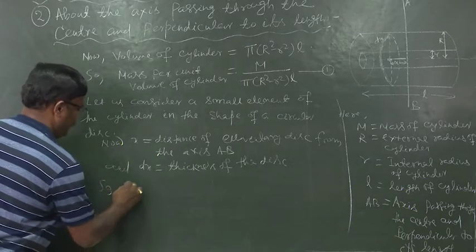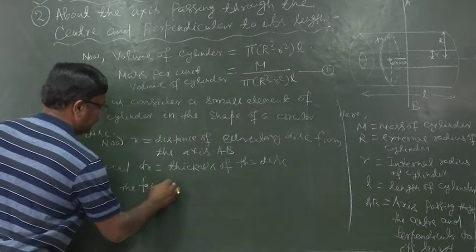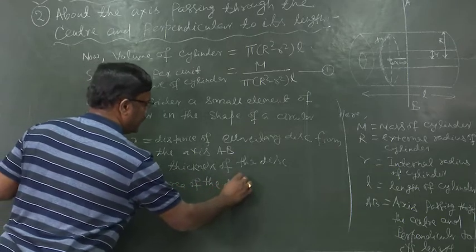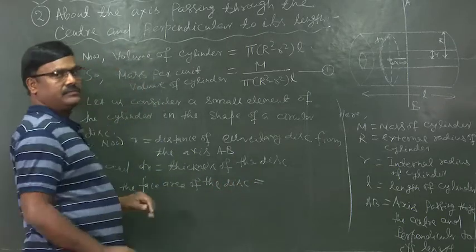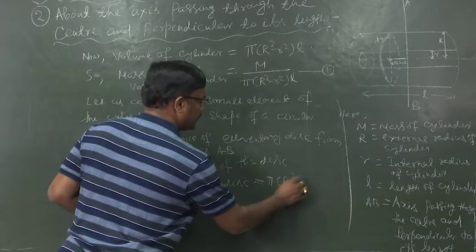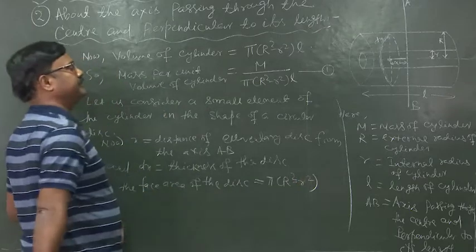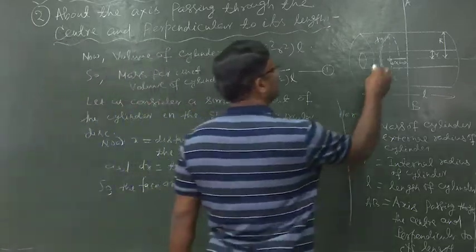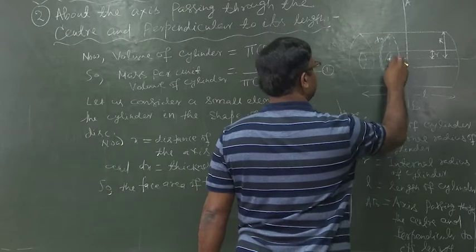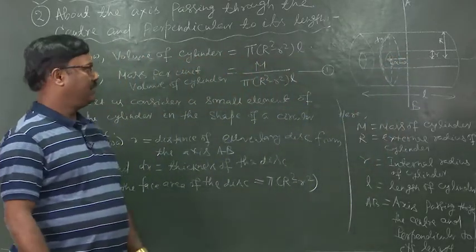Now, the face area of the disc. So, the face area of the disc is equal to how much? It is pi (R square minus r square), because here in the case of the disc there is a hollow inside the disc.